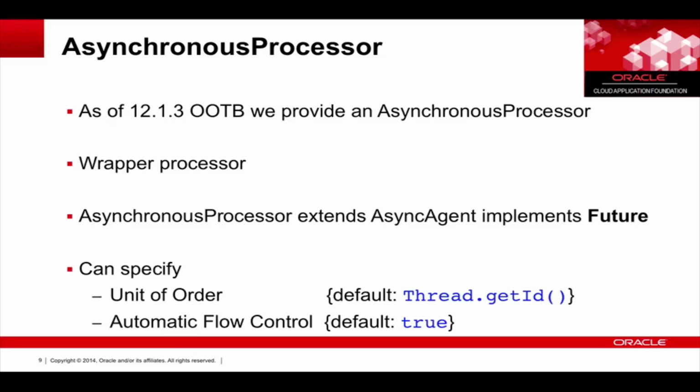Now, you can specialize that unit of order. You may want a unit of order that spans threads, or a unit of order that is for a certain number of operations within the same thread. So it's not global against the entire thread, but certain operations should maintain the order.